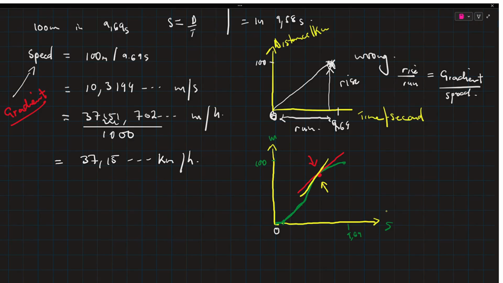So the problem was with the gradients we were using at grade 11. They were not giving us the exact gradient. They were giving us an approximated gradient. Do you realize that if I shorten the red line and the yellow line, they are going to become one line at some point?